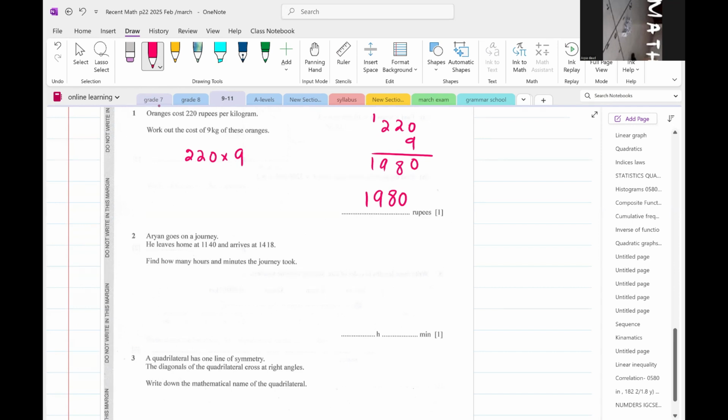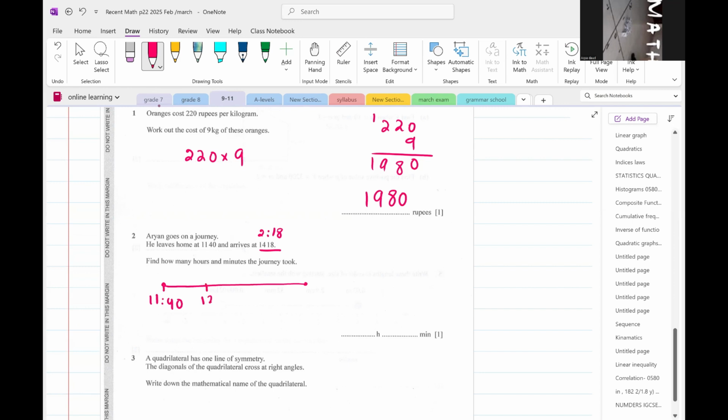Aryan goes on a journey. He leaves home at 11:40 and arrives at 14:18. Find how many hours and minutes the journey took. So this 14:18 means 2:18. I would recommend you draw a timeline so that you don't make any mistake. From 11:40 you have to go till 2:18, so I'll break it down into different parts.